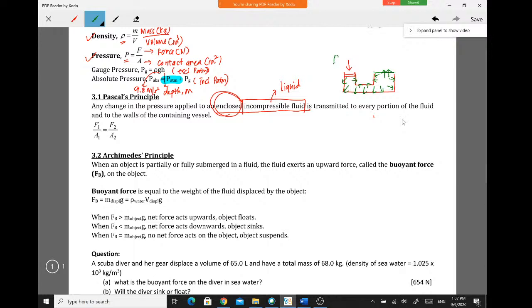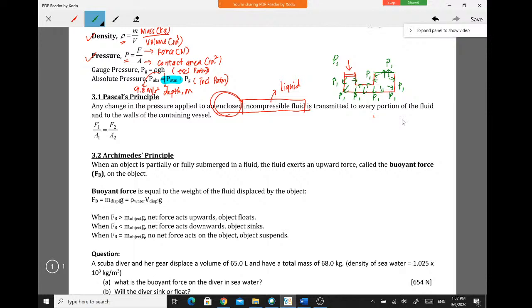Okay, if you apply a pressure of P1 here, then at every point, every portion here in this container, they will be receiving the same amount of pressure as P1.